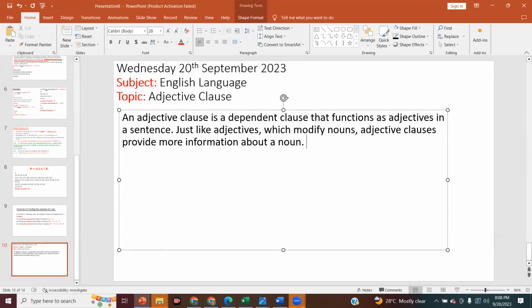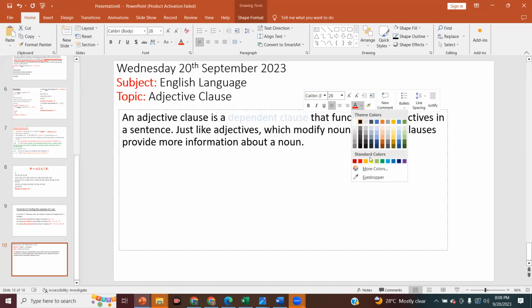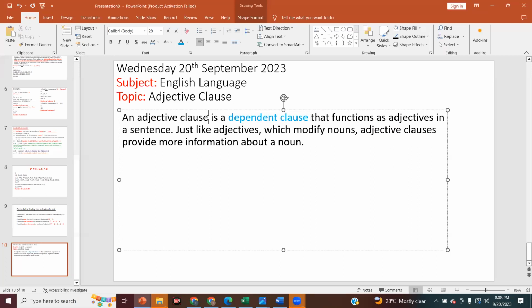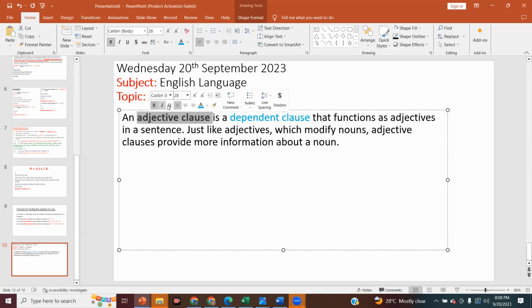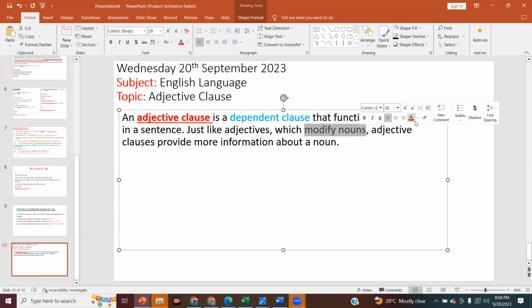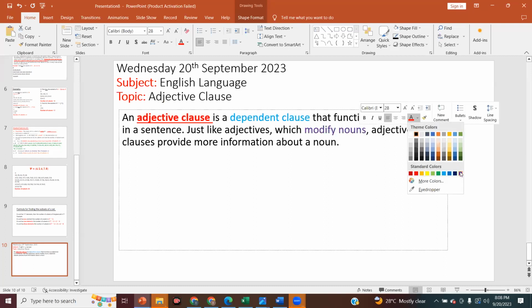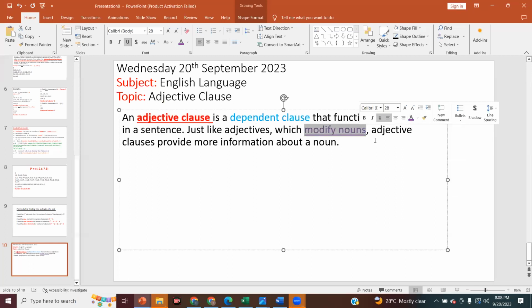So basically they act in the same way as adjectives. Adjectives would be like beautiful and lazy. But an adjective clause is a group of words that gives you more detail concerning the noun in your sentence. So they modify the noun, or add extra detail to it.